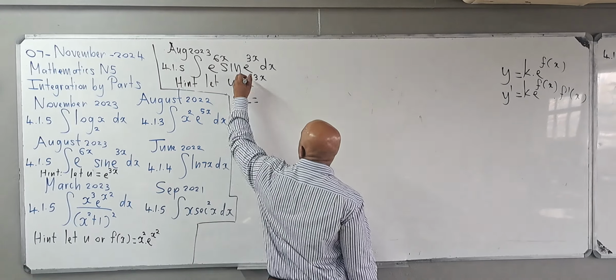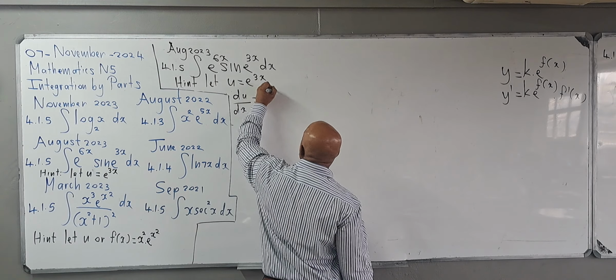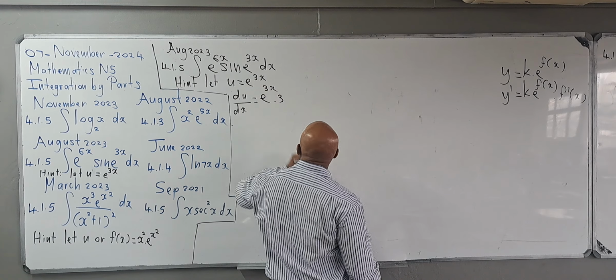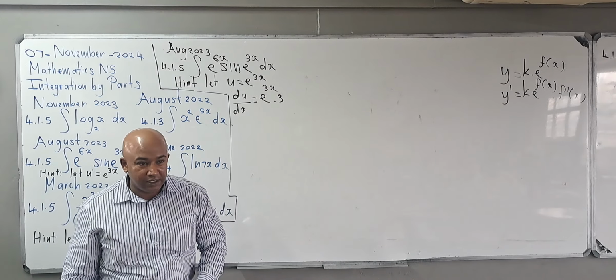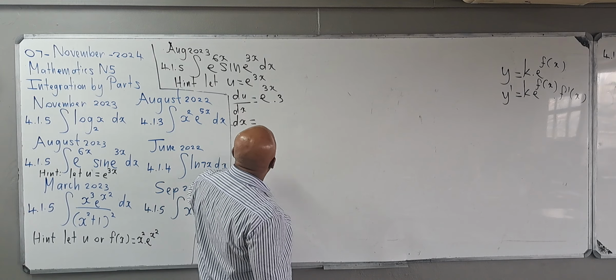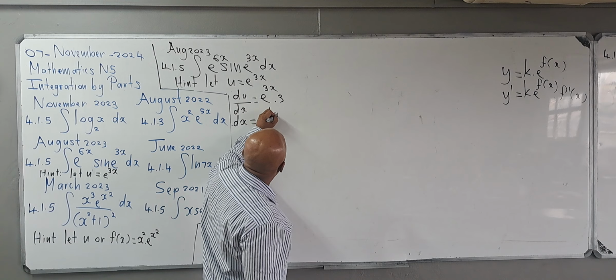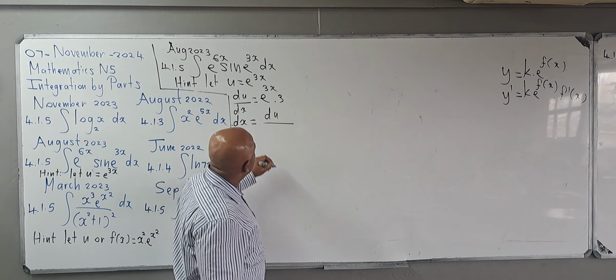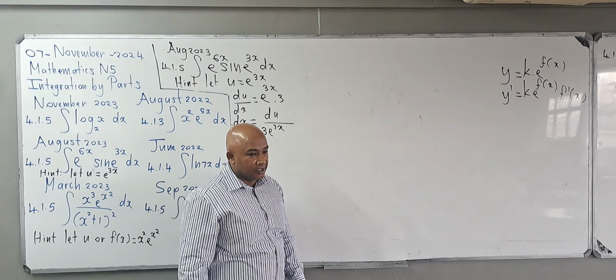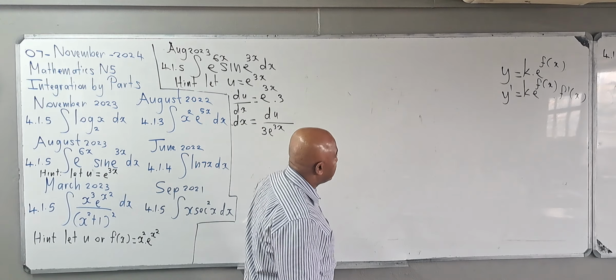So the derivative of e to the power 3x is e to the power 3x times f prime x, which will be 3. We're clear with that? So now we're going to make dx the subject of the formula, which is going to be du divided by 3 e to the power 3x. You can see that?